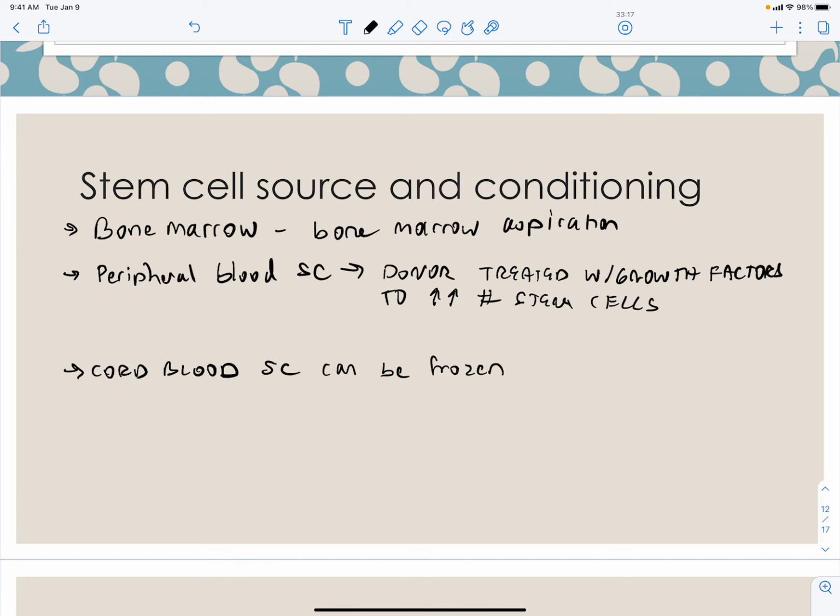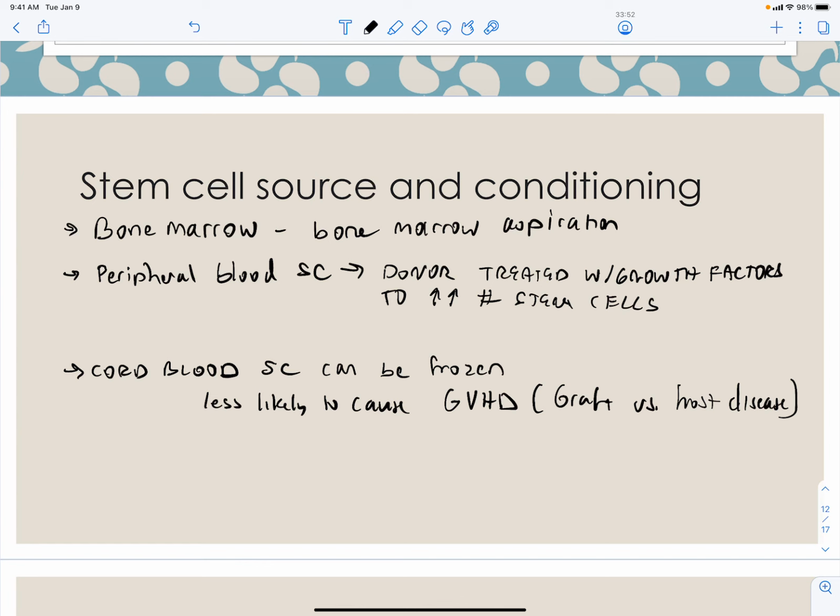An advantage of this is they are also immature and less likely to cause graft versus host disease. Okay, and so cord blood is only going to yield enough stem cells to transplant into children or small adults, so that's the other side effect of that.